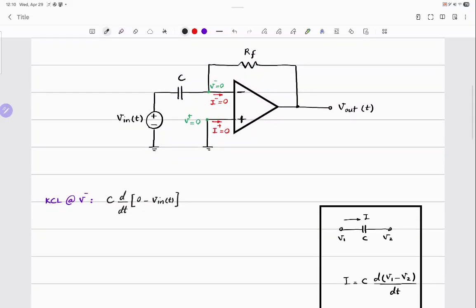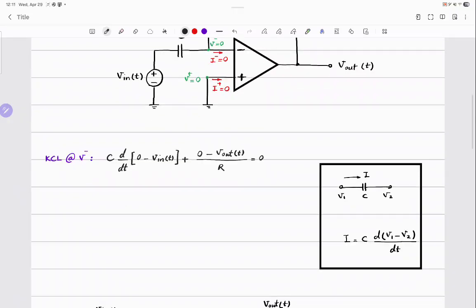What is the current going to the right from that node? 0 minus V out of t over R is equal to 0. Do you agree with the KCL? Okay.